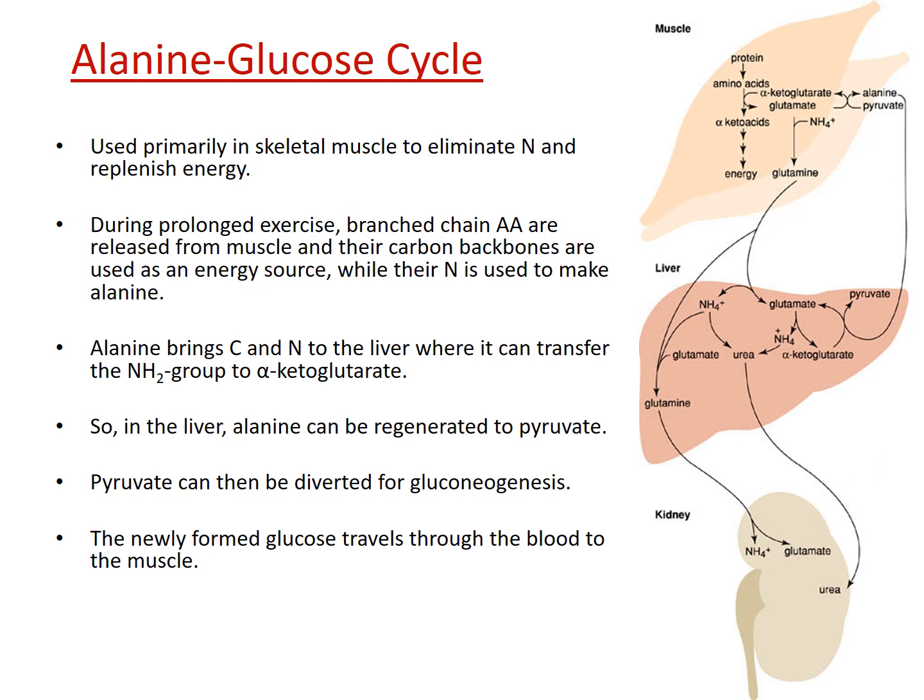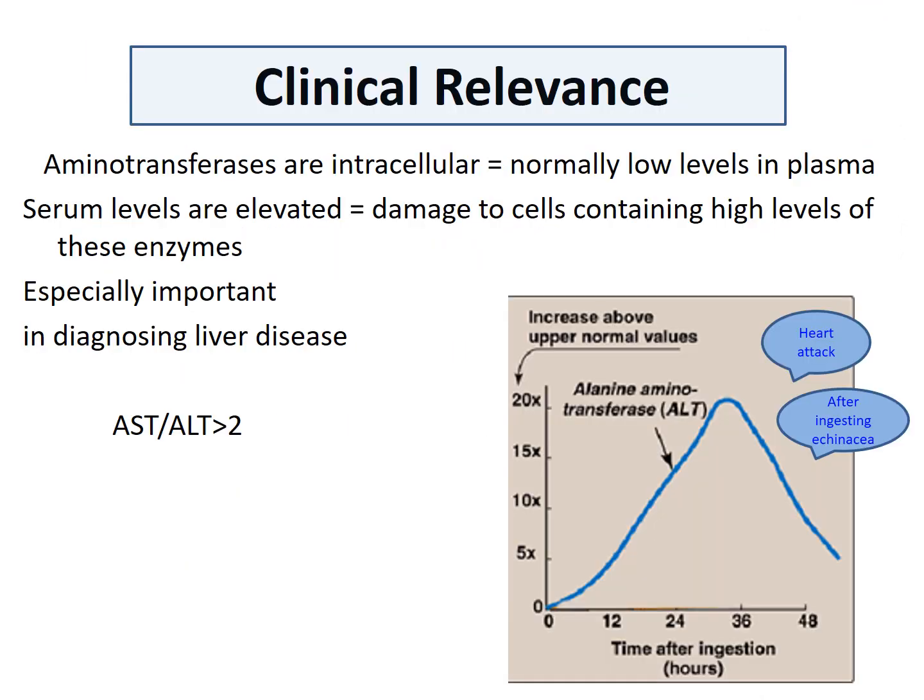Now let's go back and talk about the clinical relevance of these transaminases. Transaminases can be found in a lot of cells. Very important to focus on these two transaminases because they can be released from the cell to the blood.